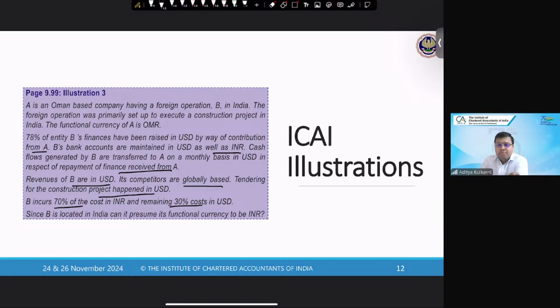What else can you substantiate? Sir, cost. 30% of the cost is in USD. And revenue also, right? 30% cost in USD indicates that 70% is in INR.